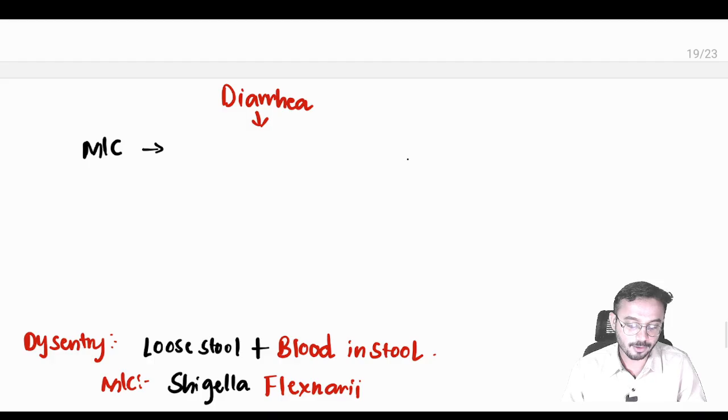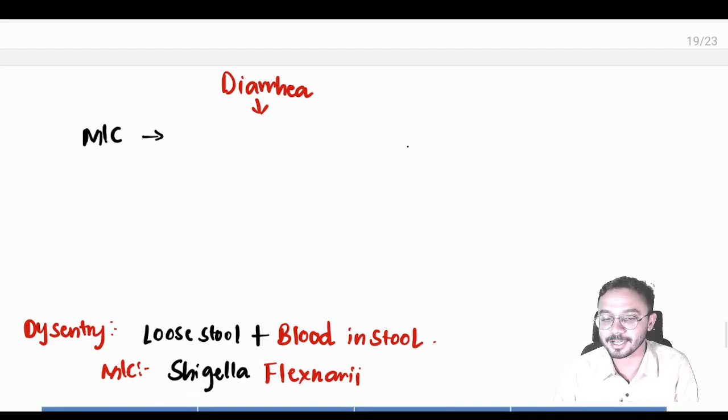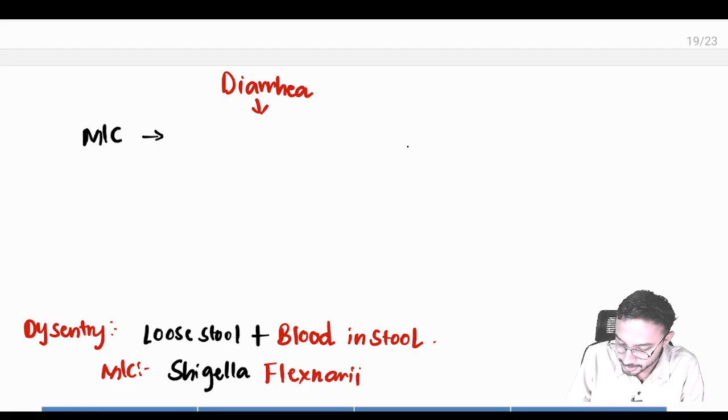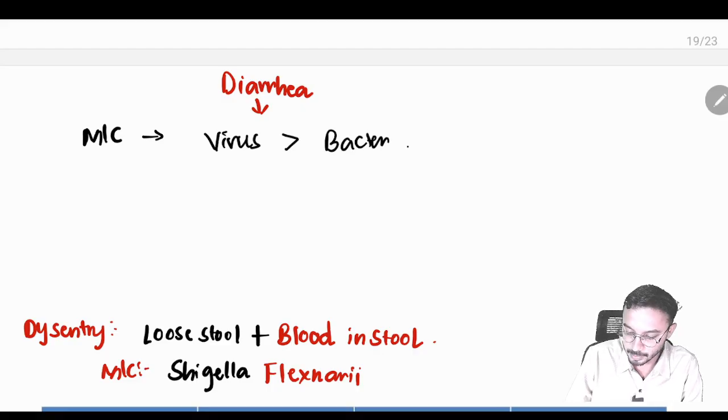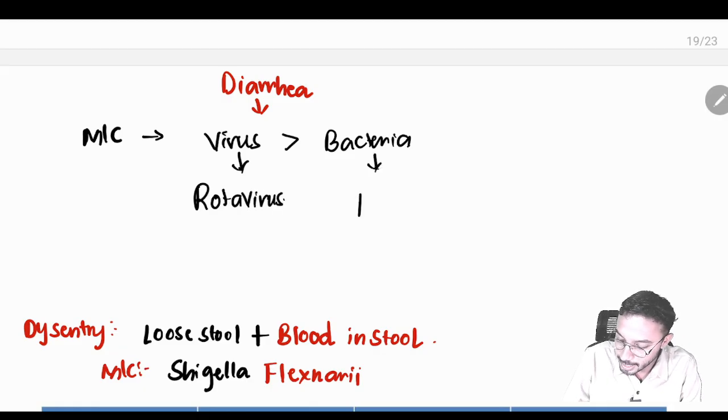Can anybody tell which is the most common cause of diarrhea, whether viral or bacterial? Yes, virus is the most common cause rather than bacteria. What kind of virus? That is rotavirus. Which type of bacteria? E. coli.